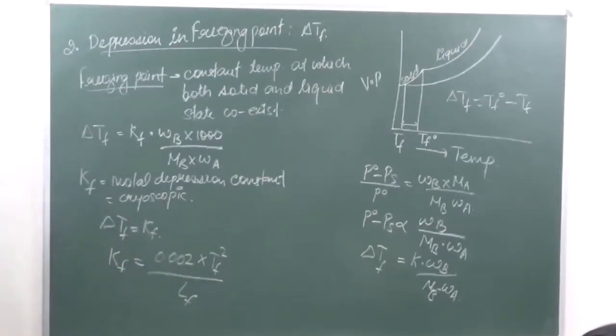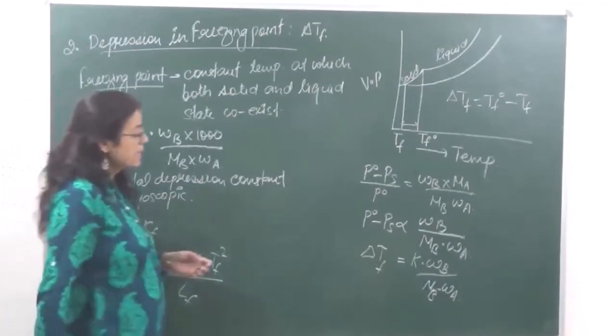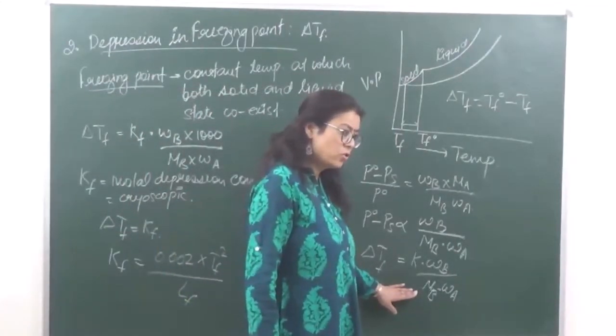Alright. Now when we talk of Kf, as we said, Kf for different solvents is going to be different. The depression in freezing point has many applications. The first application is that it can help us calculate the molar masses of the non-volatile solute which is added.